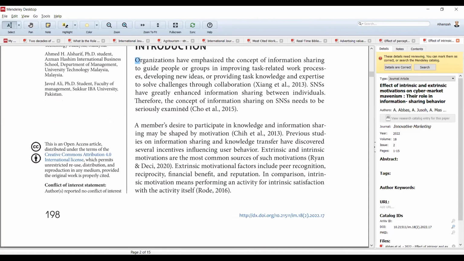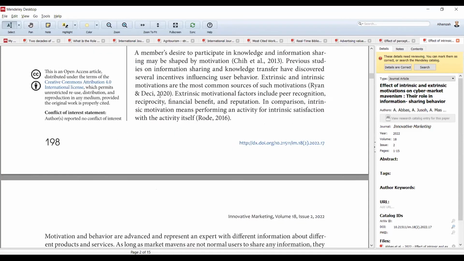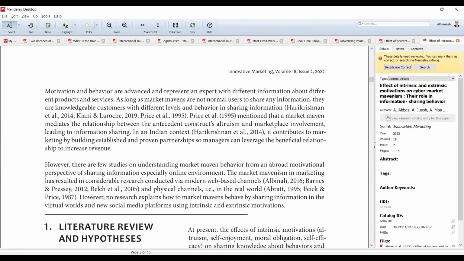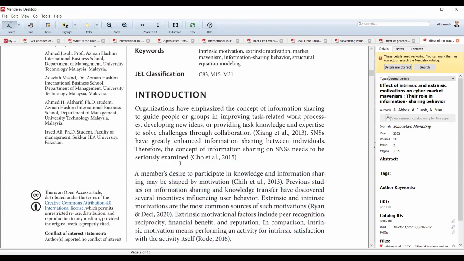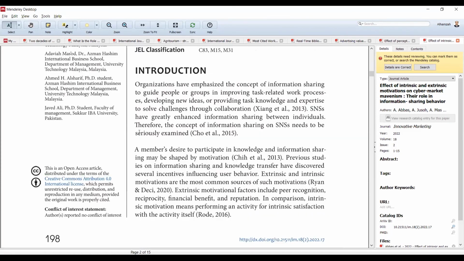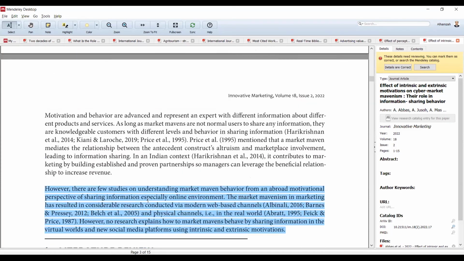As you see, the introduction here is 1 paragraph, 2, 3, 4. It's not very long actually, it's short, but it is very concise and very selective. That's how I used it.